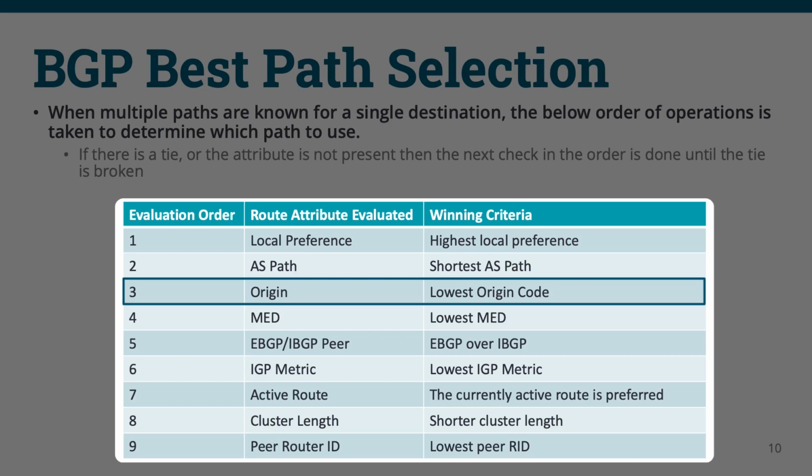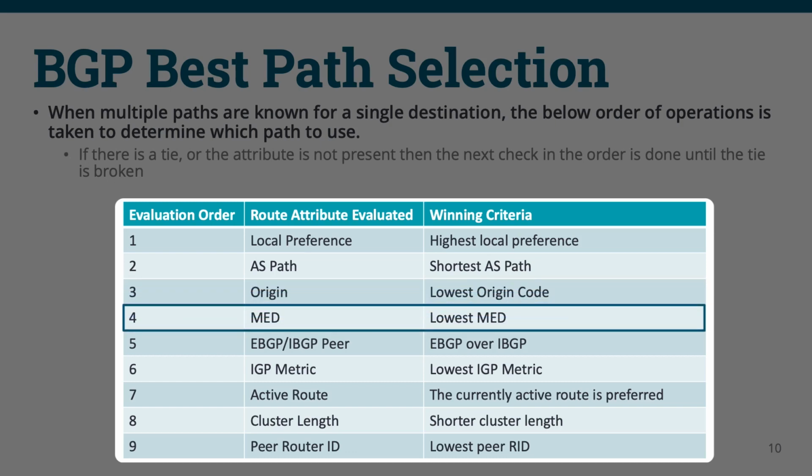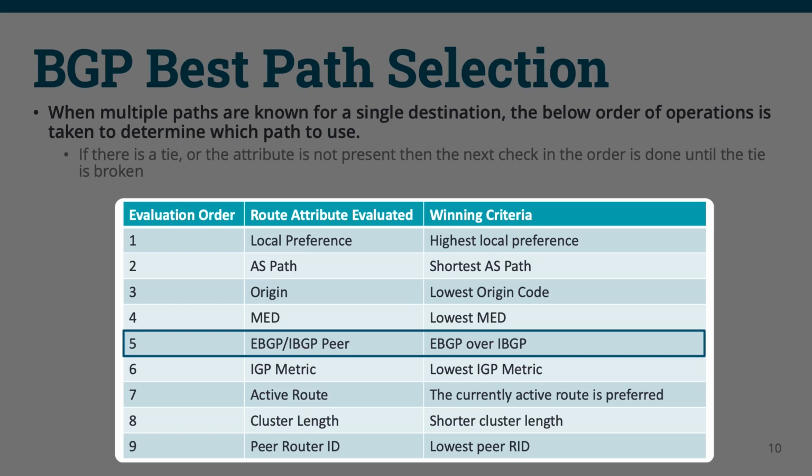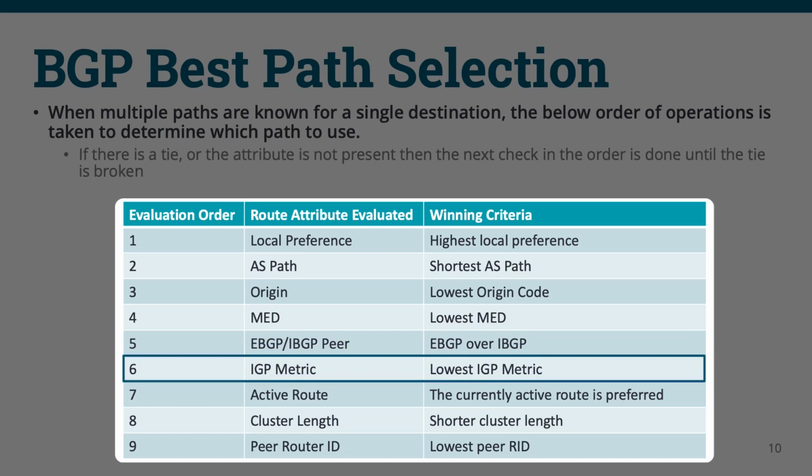If the origin code between the route advertisements are the same, then the lowest MED will win. If the MED is identical, then route advertisements learned from an eBGP peer will be preferred over routes learned from an iBGP peer. If the routes are learned from the same type of BGP peer, then the IGP metric to the next hop will be used, with the lowest metric cost of the next hop winning.